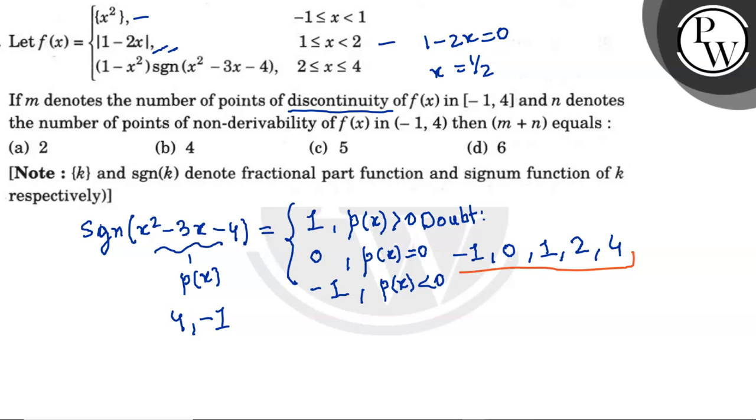So if you substitute -1 in the first part, the fractional part of x square, that is of -1, is 0.